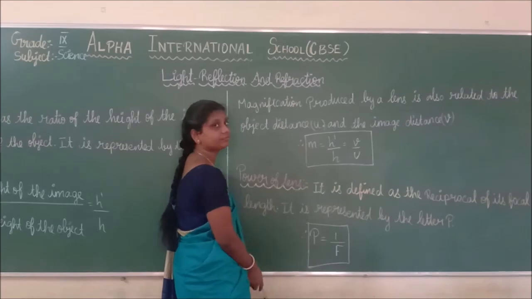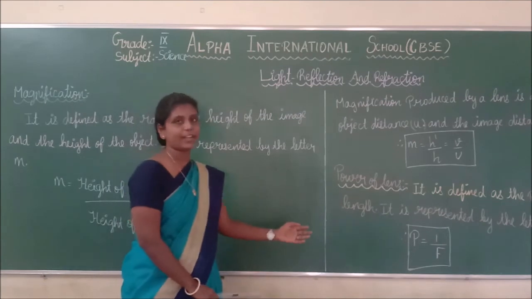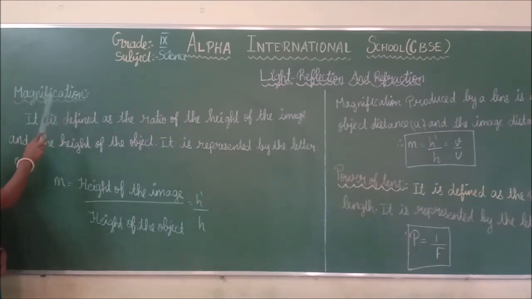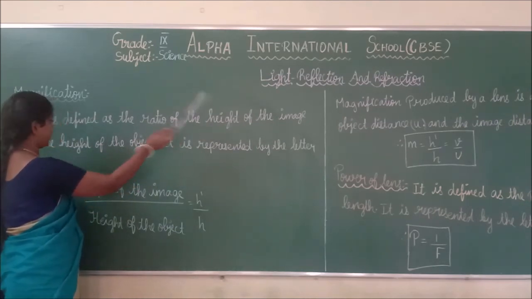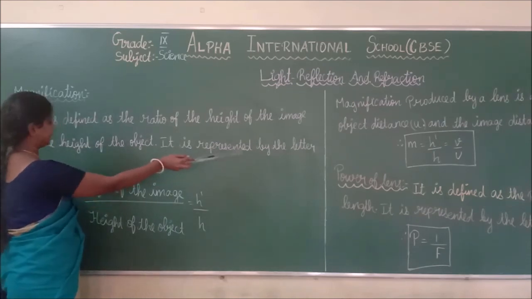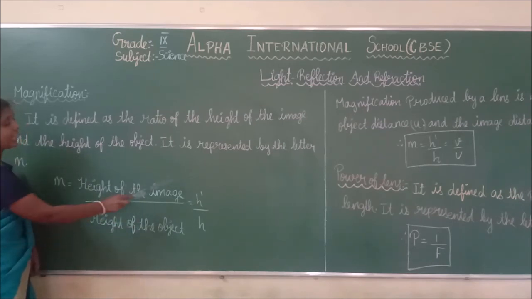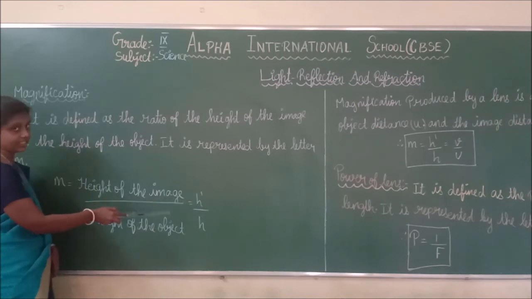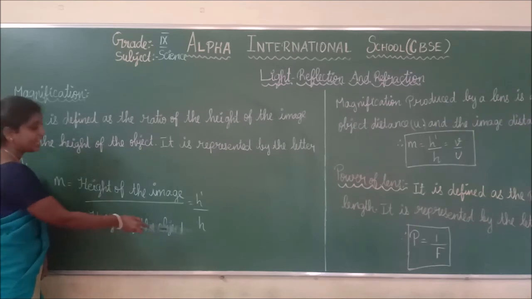Once again, we are going to revise what is magnification and power of lens. Magnification is defined as the ratio of height of the image and the height of the object, and it is represented by the letter M. Height of the image we represent as h dash, whereas height of the object we represent as h.